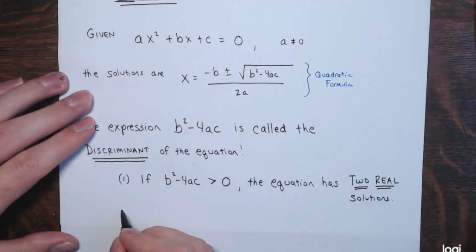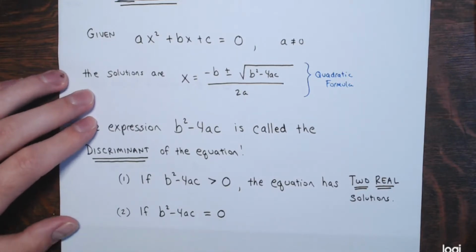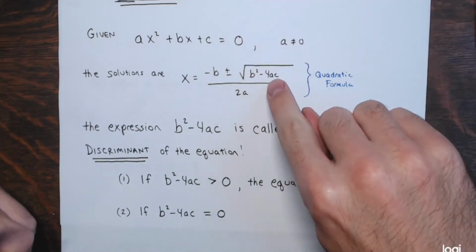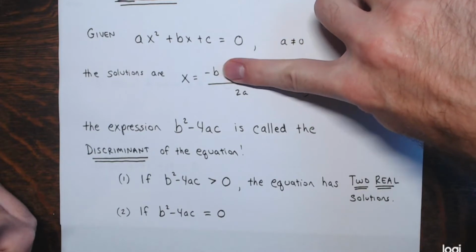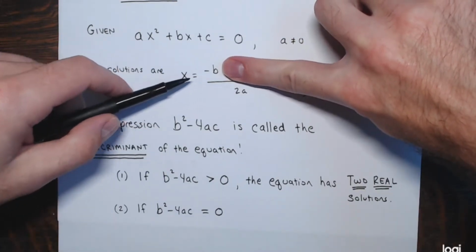Case 2. If this discriminant, b squared minus 4ac, is equal to 0, well, then that square root would disappear. If b squared minus 4ac is 0, then this is gone, and the only solution to the equation would be x equals negative b over 2a.